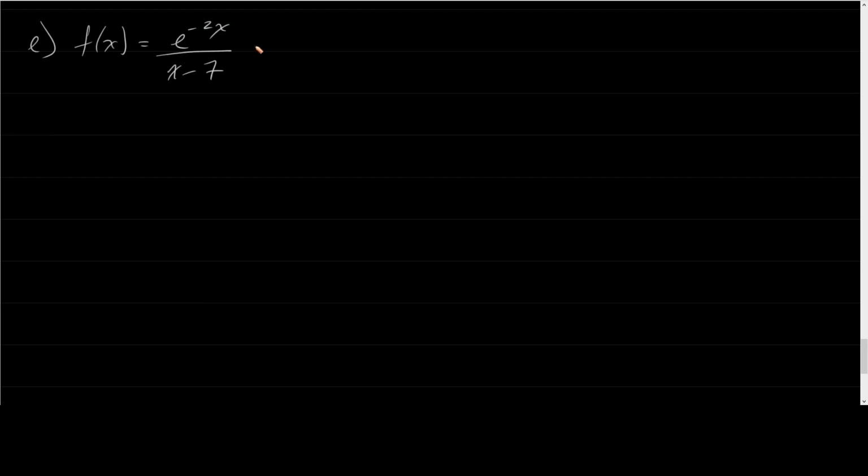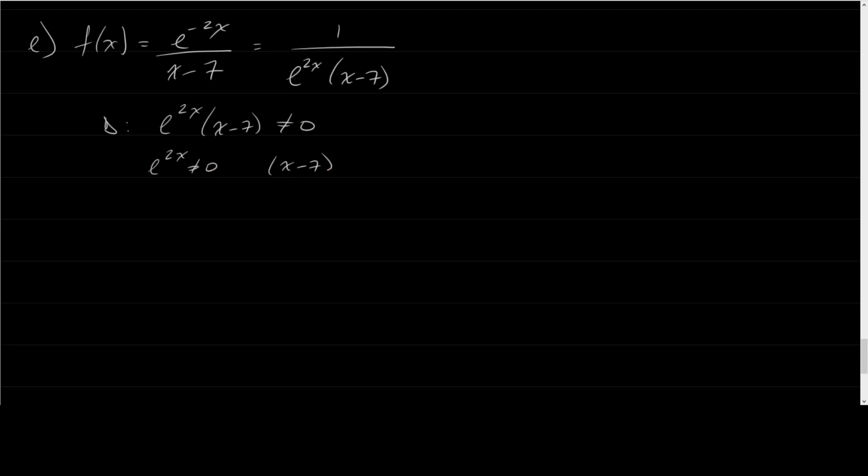The very first thing I'm going to do here is rewrite this as 1 over e to the 2x times x minus 7. All right, and to find the domain, we would say, well, that's where the denominator can't be equal to 0. So e to the 2x times x minus 7 cannot be equal to 0. So I've got the product of two things here. So the first one can't be equal to 0 and the next one cannot be equal to 0.